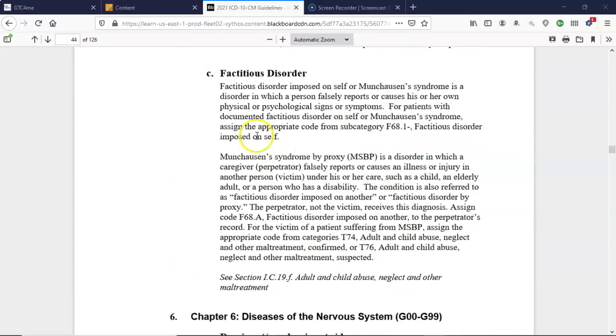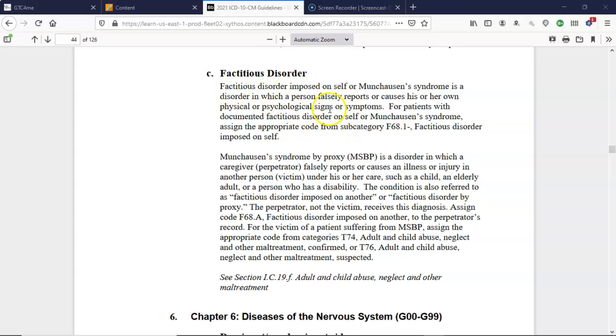Now, this is a factitious disorder guideline. A factitious disorder can either be imposed on the patient, or it can be considered to be Munchausen syndrome by proxy. This tells us that this is a syndrome when the person falsely reports or causes his own physical or psychological signs or symptoms. And it tells us that the code for that is F68.1, and we'll look at this in just a minute.